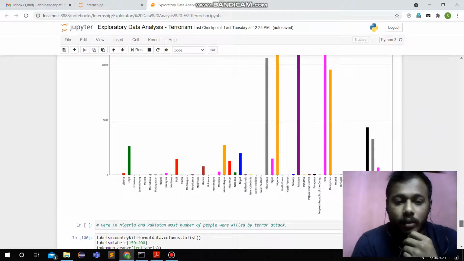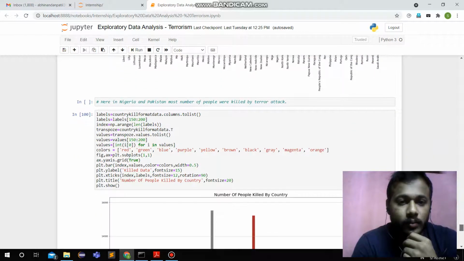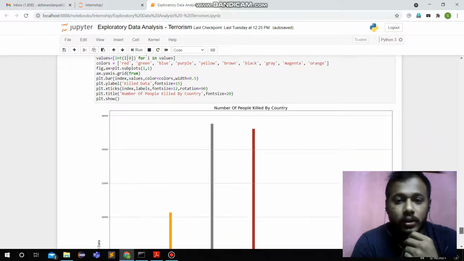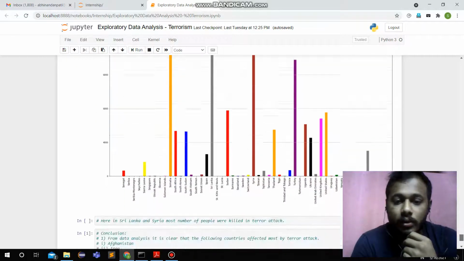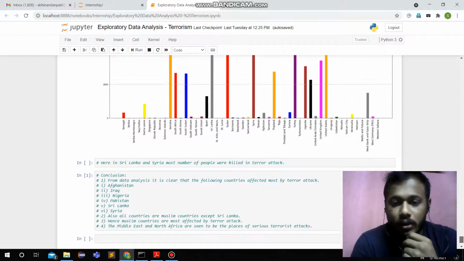From the above count plot, it is clear that Nigeria and Pakistan have the most people killed in terror attacks. After that, I made the count plot for the last 50 countries. From the above count plot, it is clear that Sri Lanka and Syria have the most people killed in terror attacks.